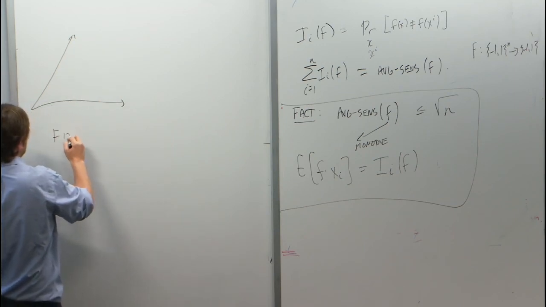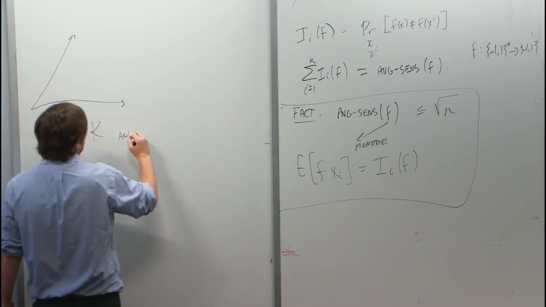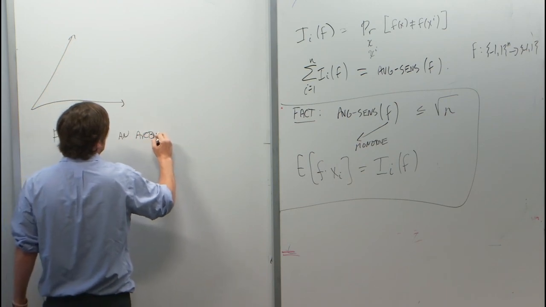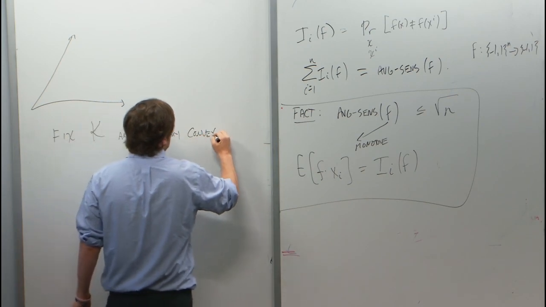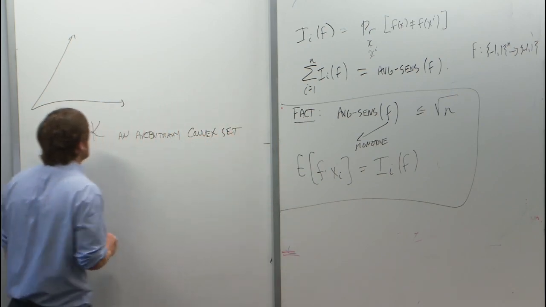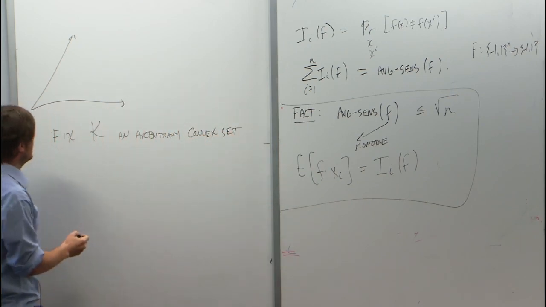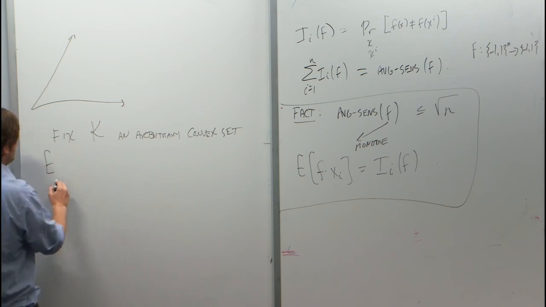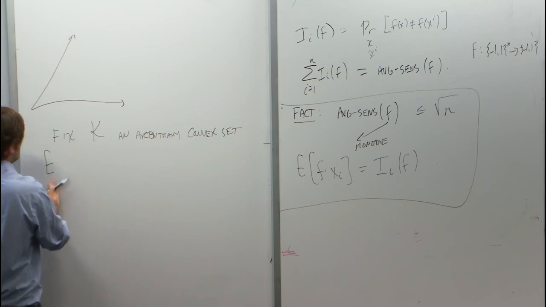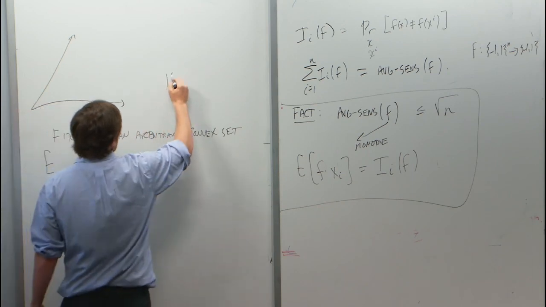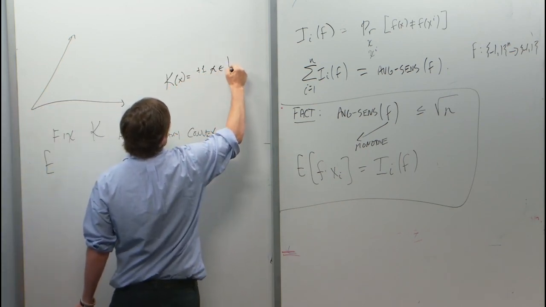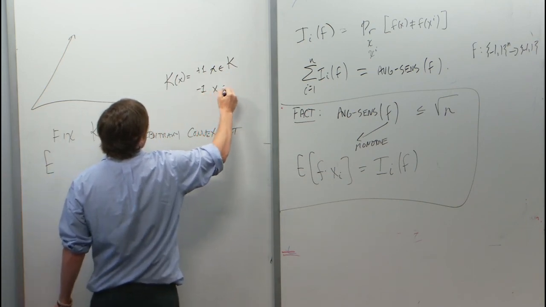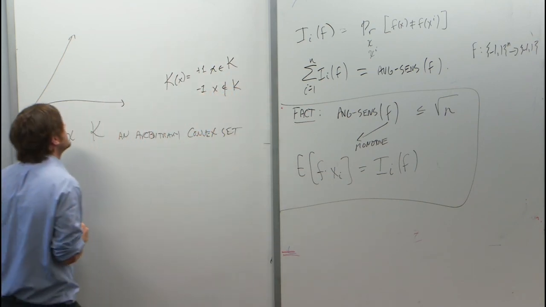We wanted to fix K, an arbitrary convex set, and we were interested in whether you can find a polynomial P. Let K(X) be +1 when X is in the convex set, and -1 when X is not in the convex set.